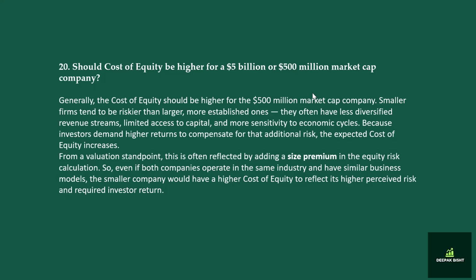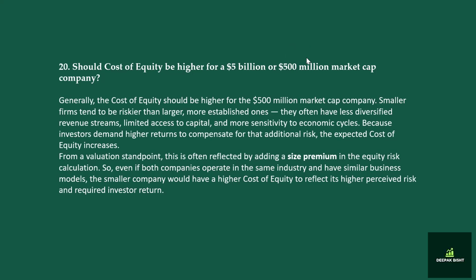The practical implication is that if two companies operate in the same industry with similar operating metrics, the smaller company's cost of equity will generally be higher because investors perceive it as riskier. This higher required return is reflected in discounted cash flow valuation, hurdle rates and investment decisions.